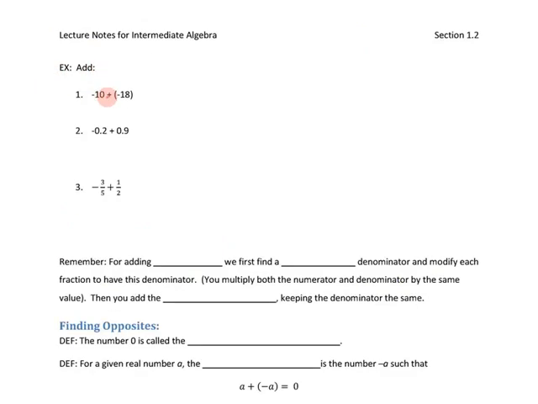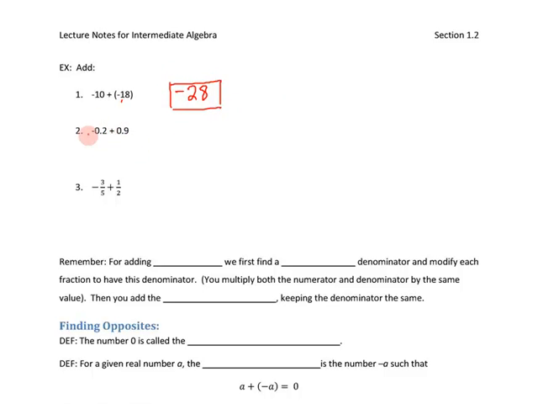Take -10 plus -18. By the rule we just established, they have the same sign, so we will add their absolute values, meaning ignore the sign, take 10 plus 18, you get 28. And then you keep the common sign. They both have a negative, so it is negative. That's how we add two with the like sign.